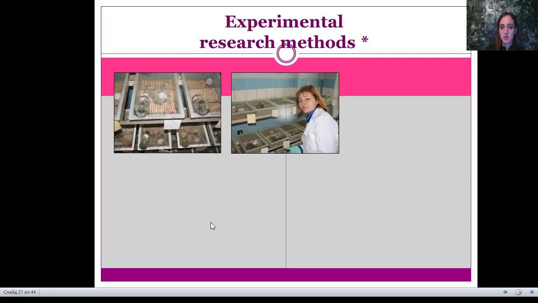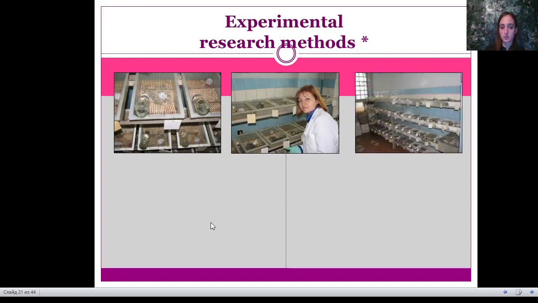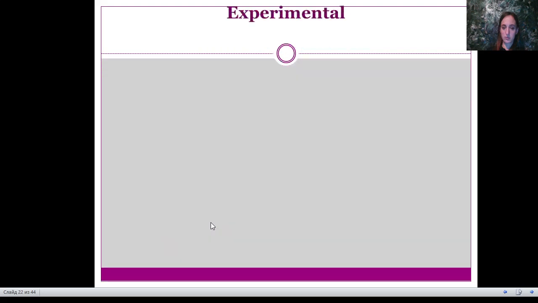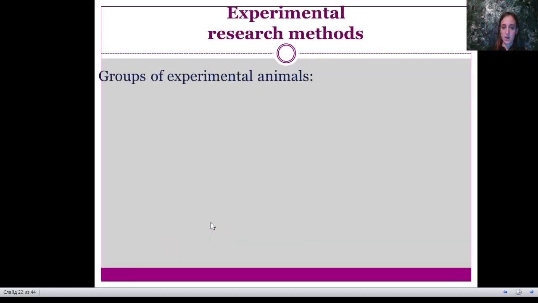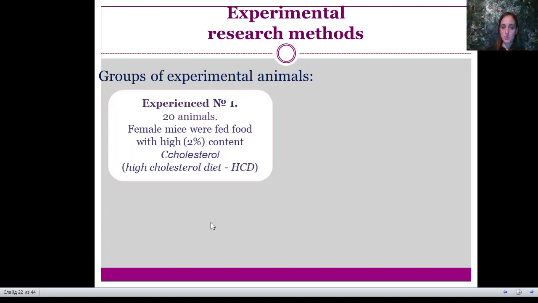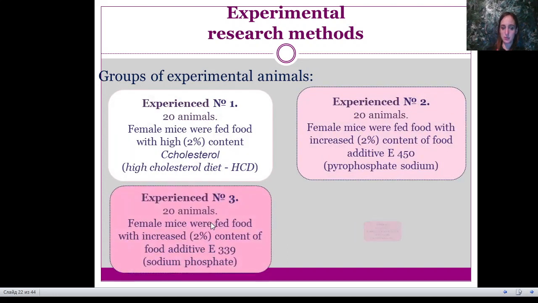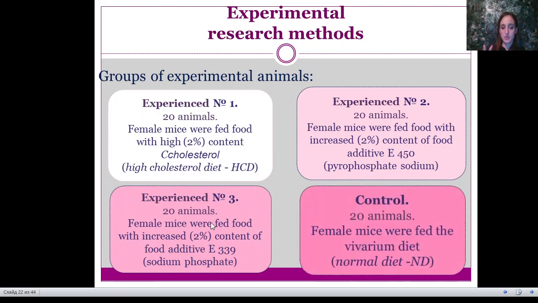And experimental research methods. So it is our professor, and total number of animals, it's 18 female mice and 20 male mice. And groups of experimental animals. Here you can see 3 groups and 20 animals.